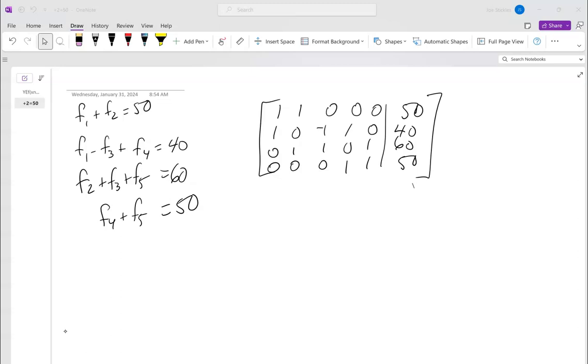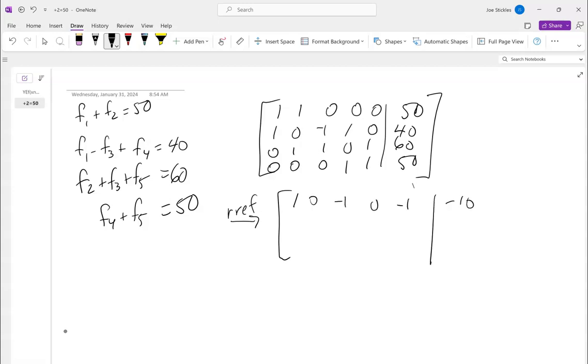And it row reduces to, oops, maybe, yeah, we'll back up the laptop. So this, when we put it into reduced row echelon form, went to 1, 0, -1, 0, -1, -10, 0, 1, 1, 0, 1, 60, 0, 0, 0, 1, 1, 50, and 0, 0, 0, 0, 0, 0.